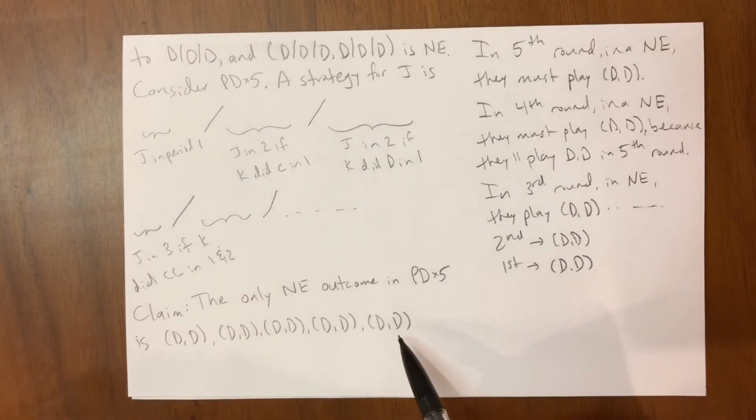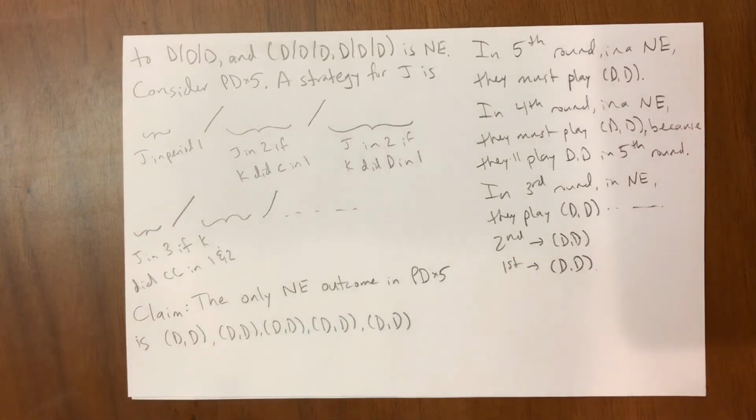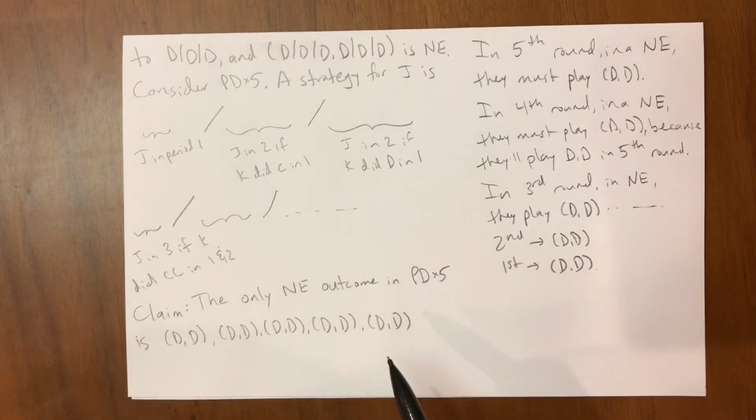And so that is why we can say that the only Nash equilibrium in the Prisoner's Dilemma played 5 times is DD all 5 times. All right, I'll take a break here, and I'll be right back in just a moment.